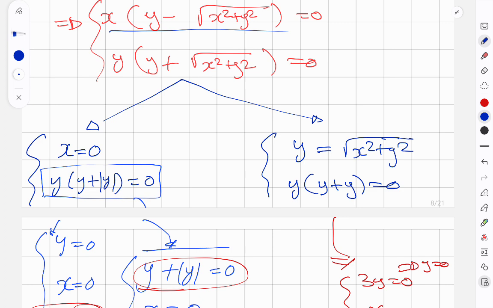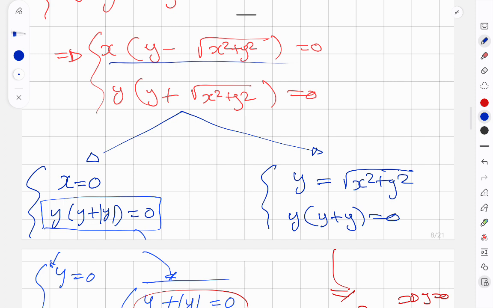You know what I did in this case? I fixed this equation, then y equals to this one, where y equals to x square plus y square root over. So instead of doing all this, you have y plus y, and instead of this I can write y.